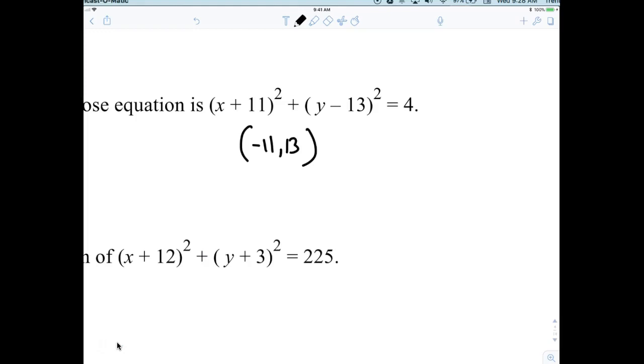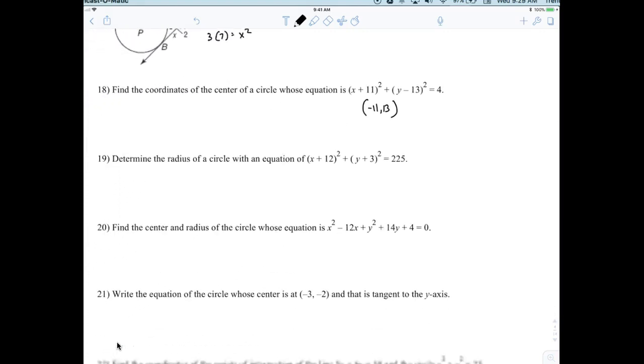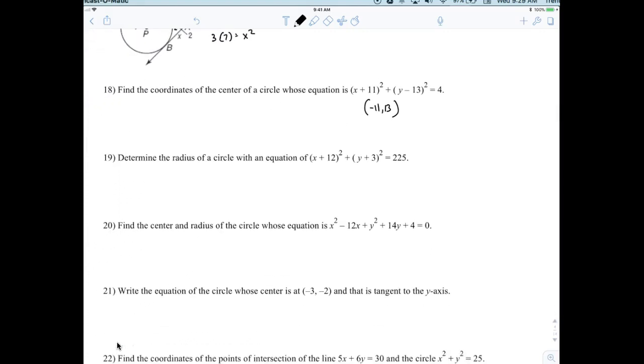It's 15. Determine the radius. All right, that's not a big deal. The square root of 625 is 15. It's just the square of the radius.